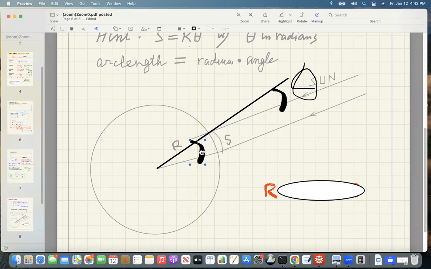So this angle is also 7 degrees, because by high school geometry, when a line cuts parallel lines, the corresponding angles are equal. So this angle, which he measured, was theta, but it also has to be the angle between the vectors from the center of the Earth to Cyrene and from the center of the Earth to Alexandria.